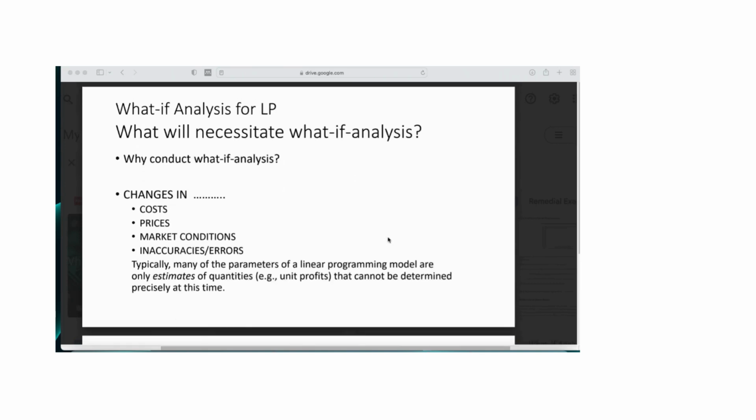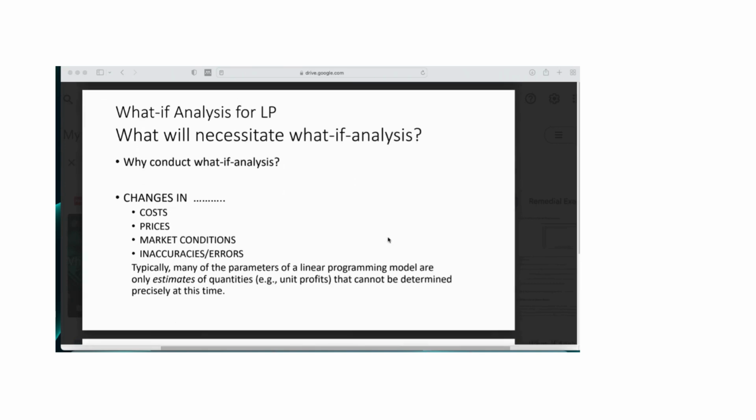So why conduct what-if analysis, or what is the importance of this? Well, what-if analysis is relevant in a business environment that is replete with changes.